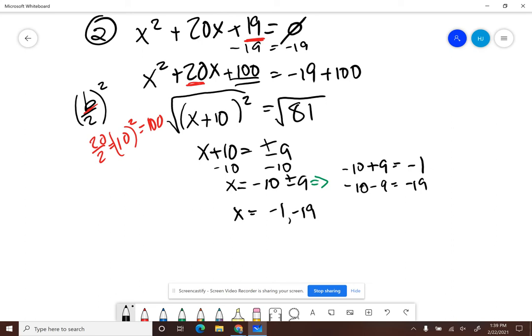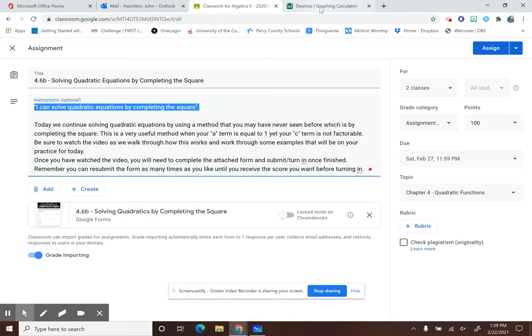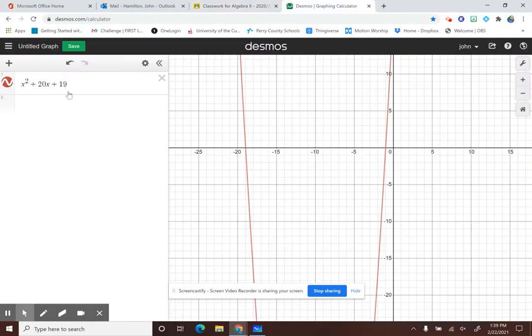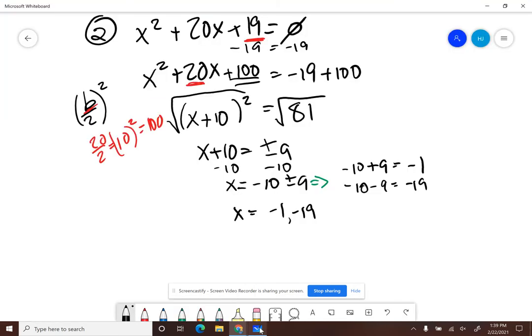And just to prove out that that's correct, watch what we can do. We can also go to Desmos, and you can see I've already graphed this particular one here. And you notice what my two zeros are that it gives me for answers is negative 19 and negative 1. And you may be thinking to yourself, well, why in the world wouldn't I just go ahead and do that?